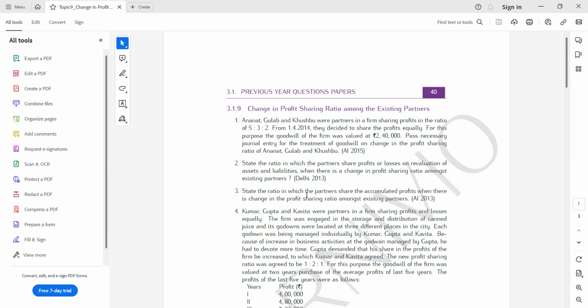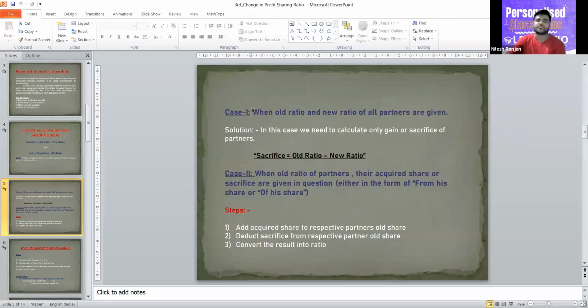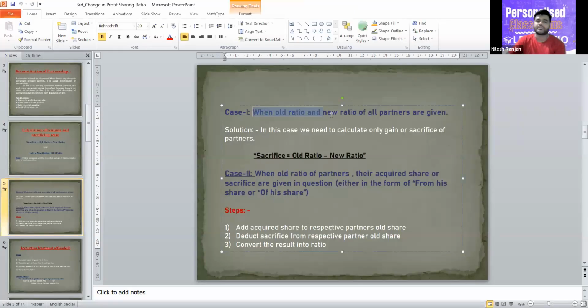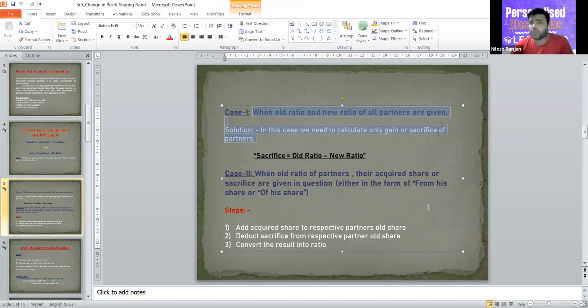We have to calculate gain or sacrifice when the old ratio and new ratio of all partners are given. So the old ratio is given, the new ratio is also given, both are given here.